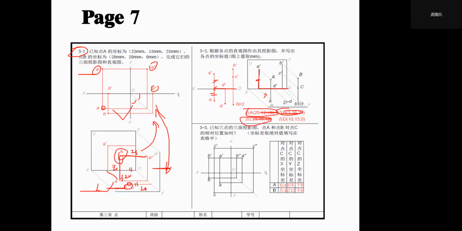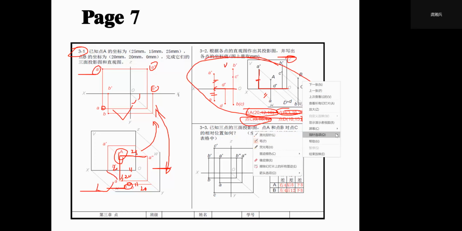So for D, remember the Z position is 0 here. If you find that the Z position is 0, D should be on the V plane. D plus 1 comma should be on the OX line. You remember this one? Okay.